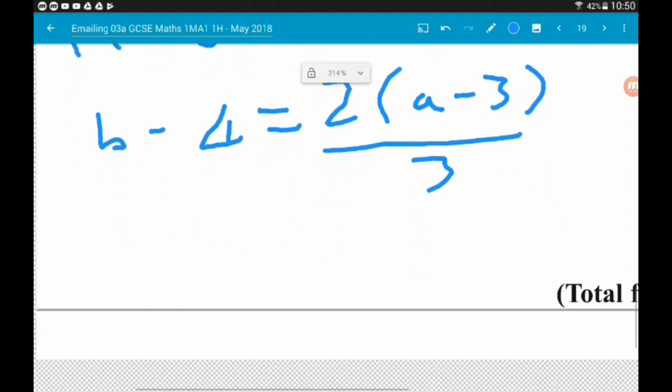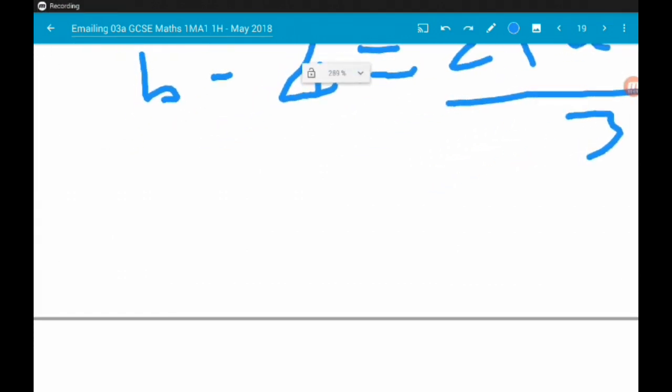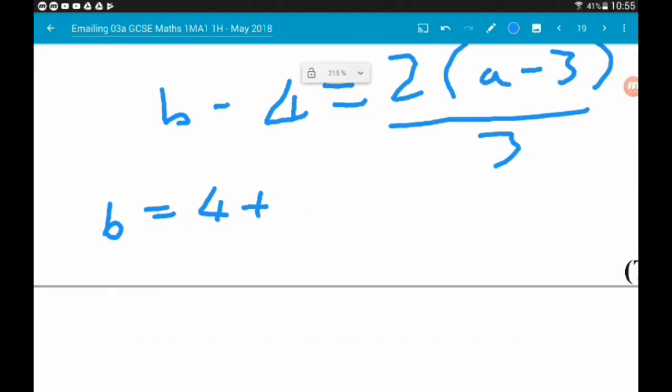And then to get b on its own, we're going to add 4. So that's going to give us b is equal to 4, add 2 lots of a minus 3, which we can, if you want, expand. So 2a minus 6 all over 3.